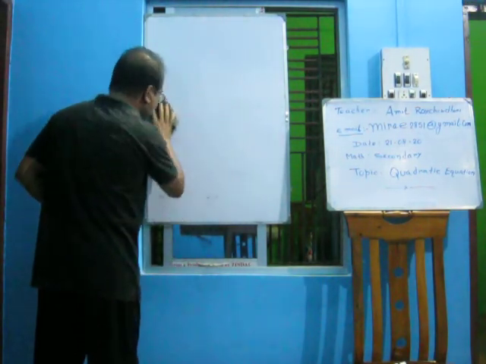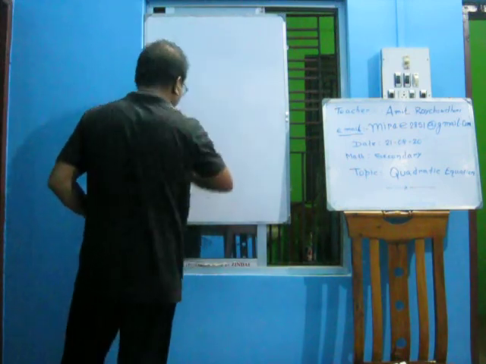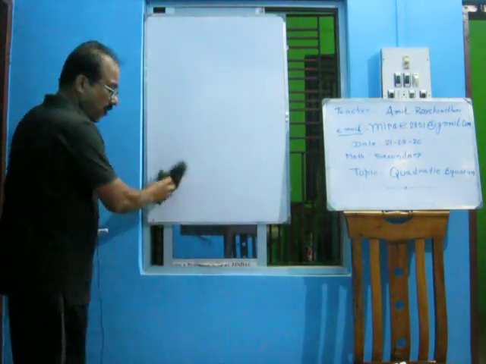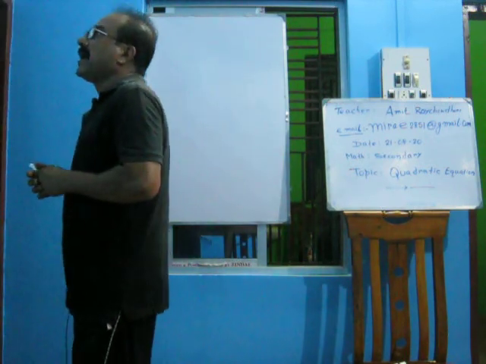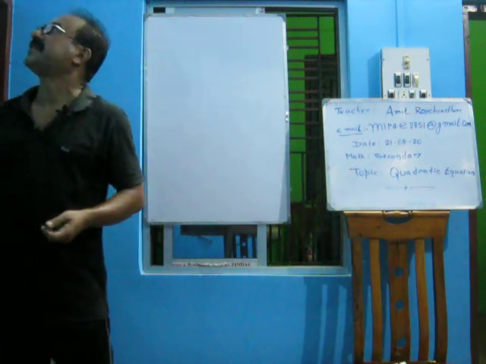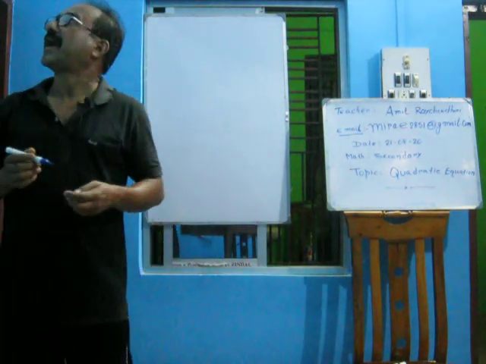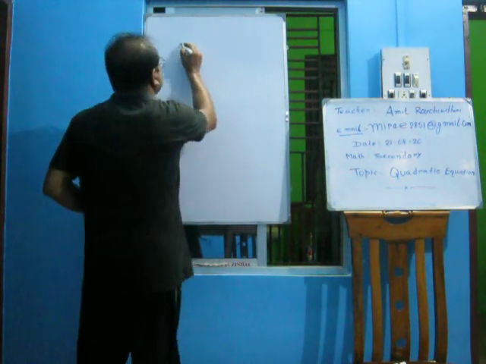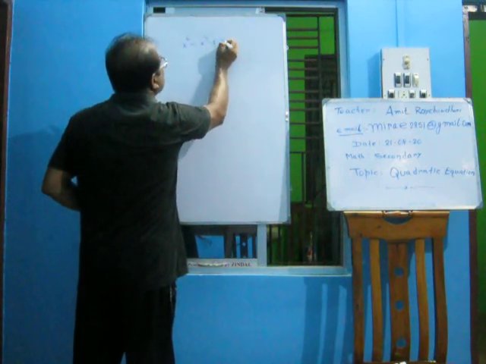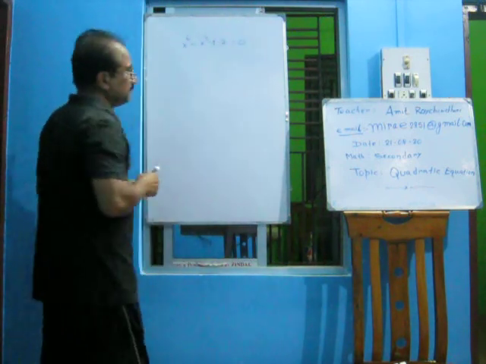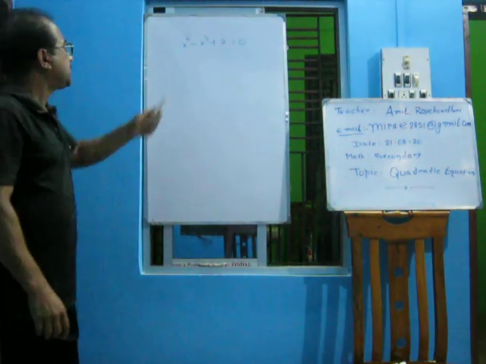Now, if I am taking some maths from ICSE board books, one more thing: if somebody is writing x to the power 6 minus x cubed plus 2 equal to 0, is it quadratic?